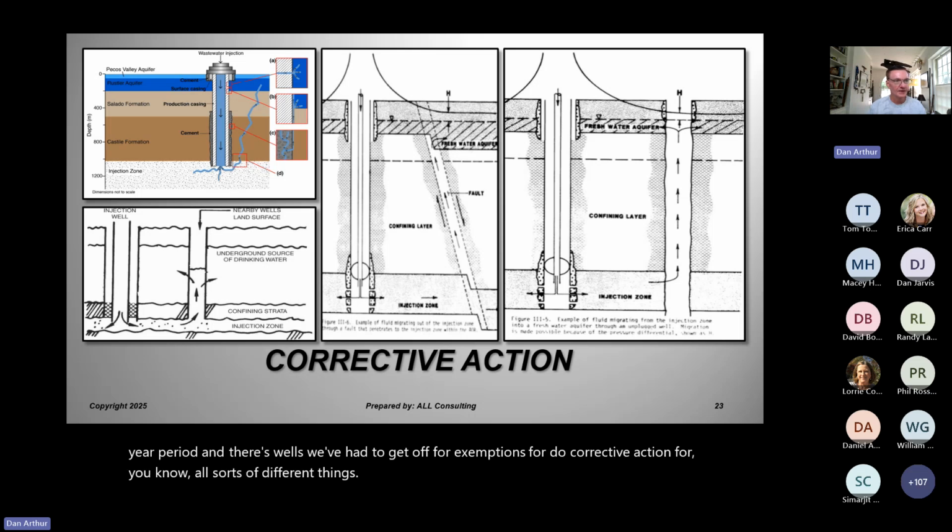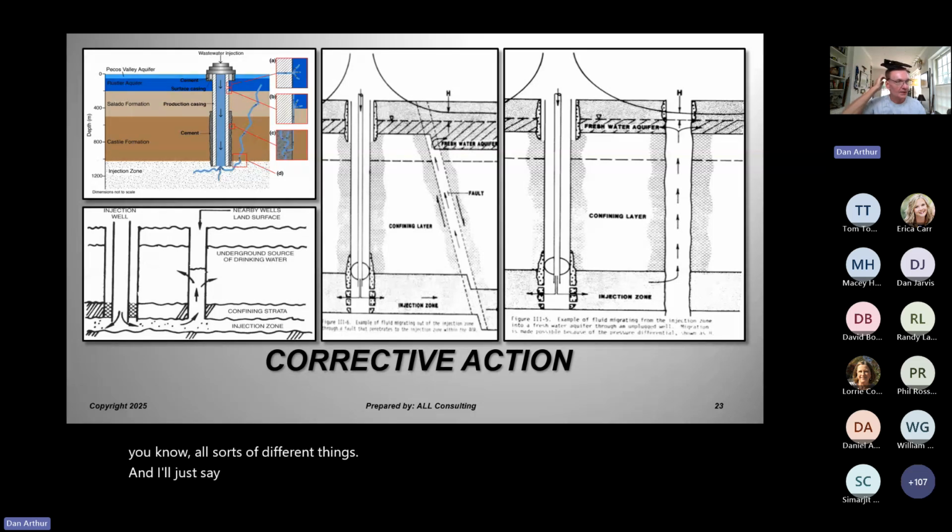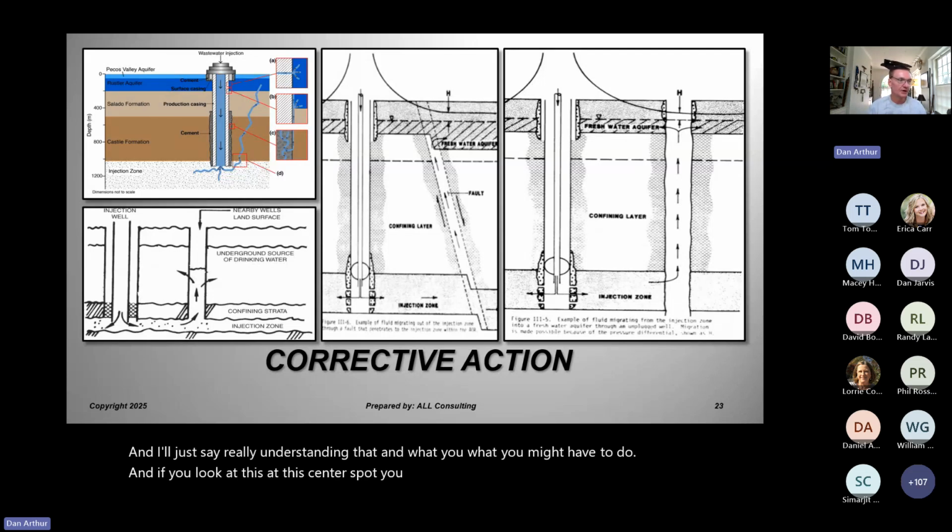And I'll just say, really understanding that and what you might have to do. If you look at this center spot, this is a fault. So it's not where we're dealing with some old orphan well or something like that.